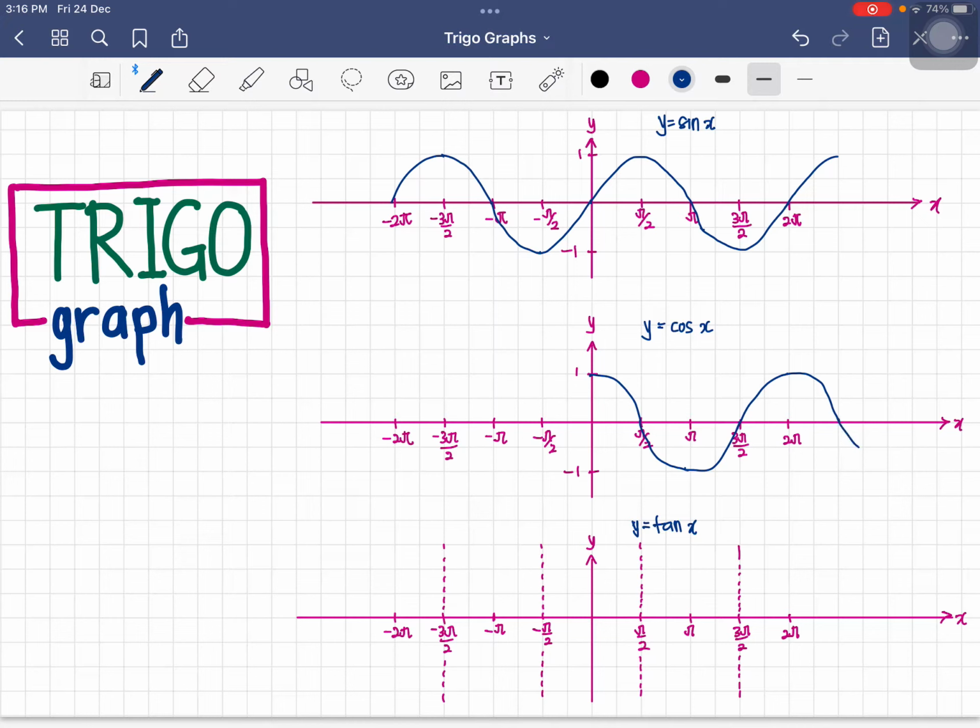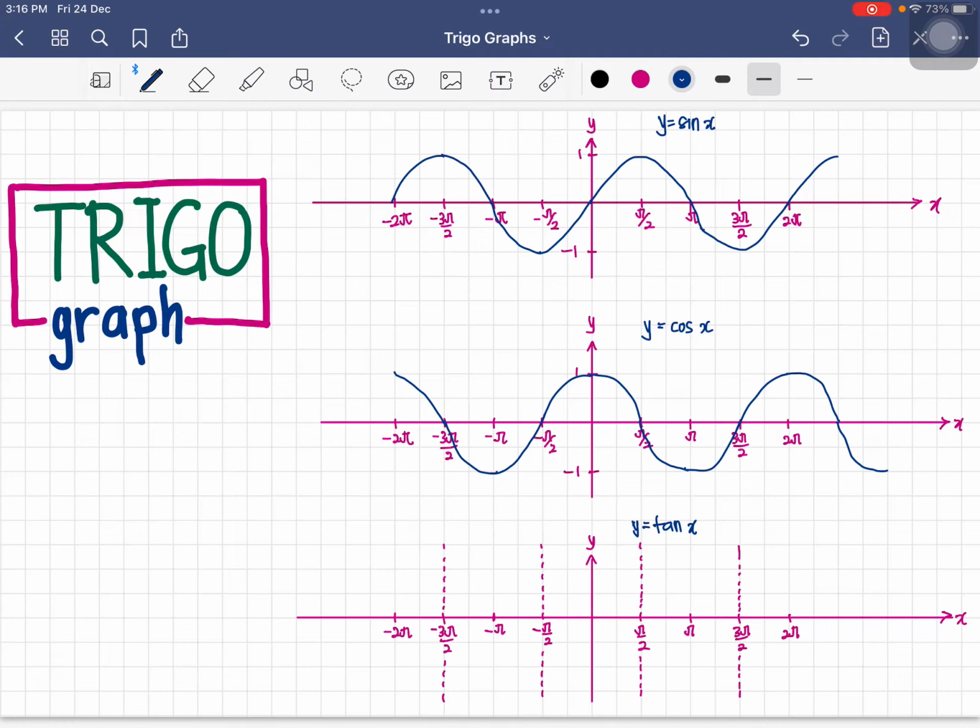I hope you get the idea. I'm sketching the cosine of x. Sorry, so it goes this way, and this one goes this way, this one goes to this, and it goes to this one. That's the graph for the cos of x.